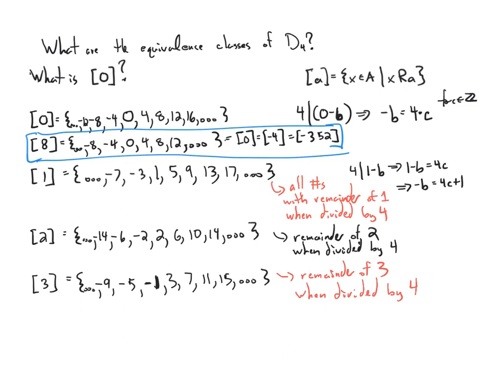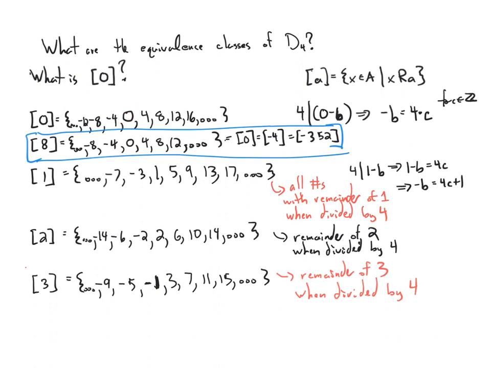I'll do a few more examples in another video, but hopefully this idea of equivalence classes is starting to make sense to you. Remember, they're made from relations that are equivalence relations, and equivalence relations are reflexive, symmetric, and transitive. So this says, of course, that everything in an equivalence class is related to itself.